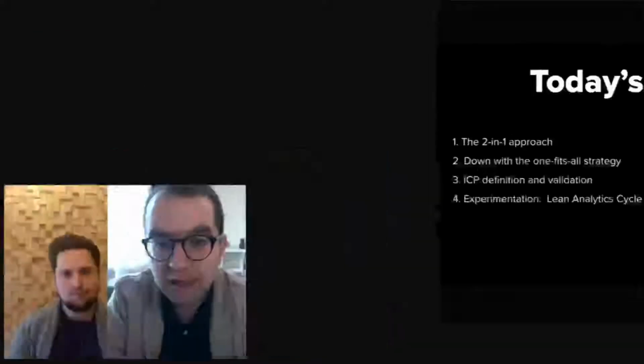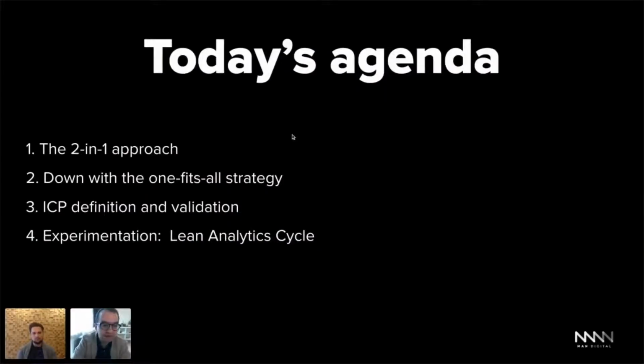Then we go down into the one-fits-all strategy, where we look at the research and all the things we need to have so that we can make sure there is a strategy that fits your organization. Then we'll talk about the ideal customer profile, how we define it and what we do to validate it. And then we go into experimentation, into a lean analytics cycle.